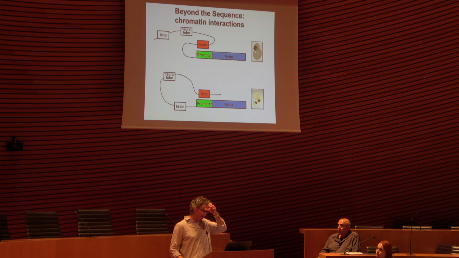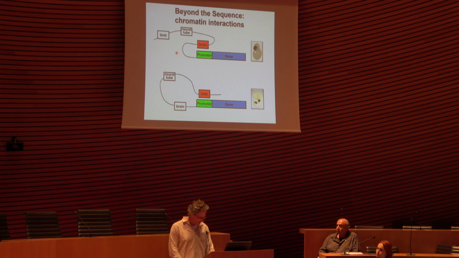When we talk about enhancers and transcription, it's not only about the binding of transcription factors to the enhancer, but also about this enhancer needing to be in close proximity to the promoter to activate the RNA polymerase to start transcription. So if we have a different enhancer in each tissue, we need different chromatin organization.